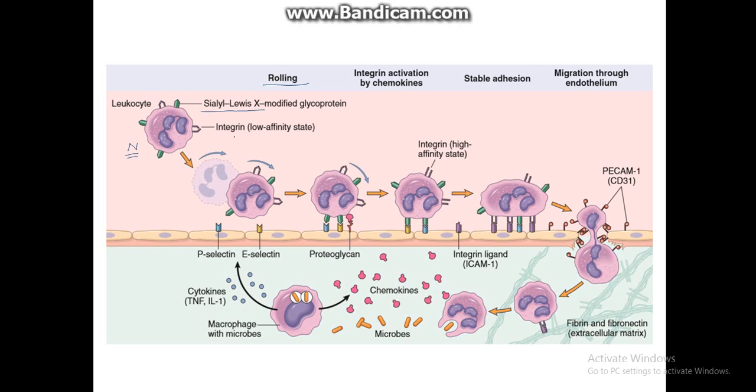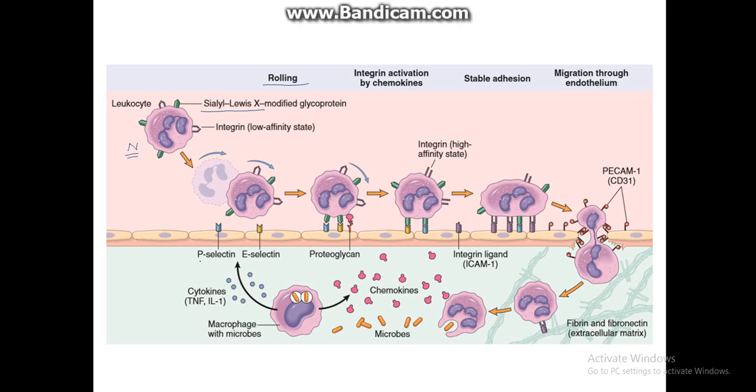Now, this sialyl-Lewis X will actually attach to some kind of protein that is called a selectin, and we have P-selectin and E-selectin. Selectins are basically proteins that are upregulated by the endothelial cells, and they help in the process of rolling because they attach the sialyl-Lewis X glycoprotein.